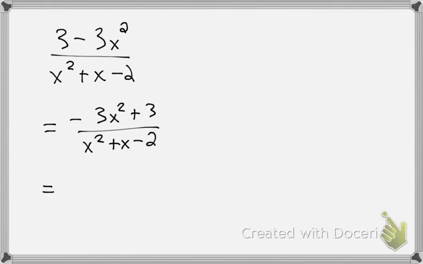So if we pull negative 3 out from the numerator, what do we have left? Isn't it x squared minus 1? Is that so? If you redistribute, you get negative 3x squared plus 3, right?